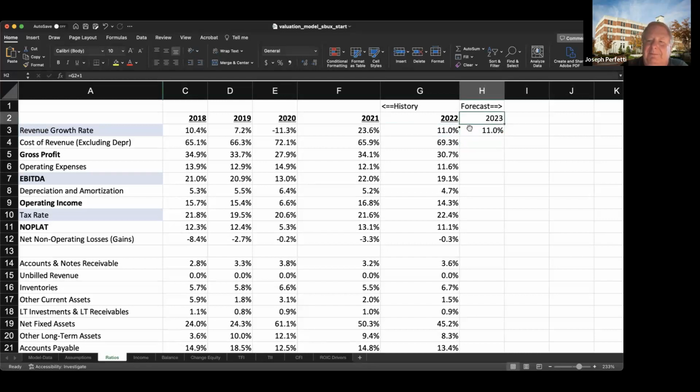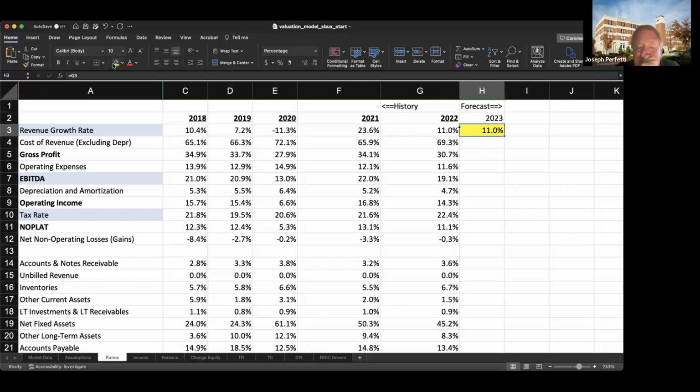And cell H3, because that's a number that might change, would be yellow. And that's alerting me that that's a cell that I might change because a revenue growth rate in 2023 might be different than 2022. Now, for purposes of building the model, just so we all have the same model, we're going to assume that 2022 repeats itself. Okay, but later we're going to change it to be more accurate. So we're going to start out by equals previous year and make it yellow.